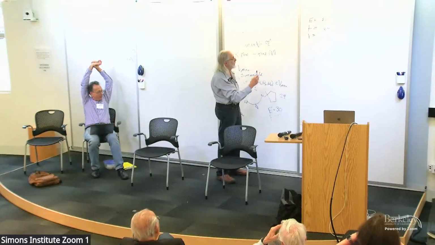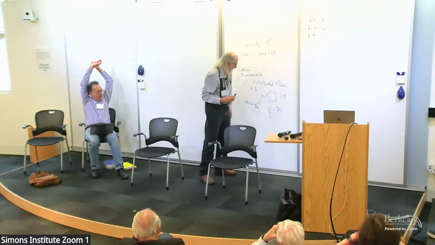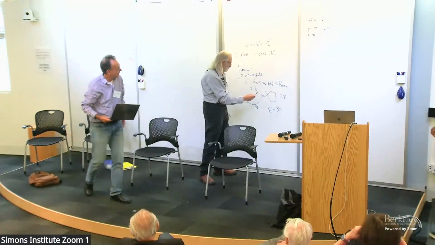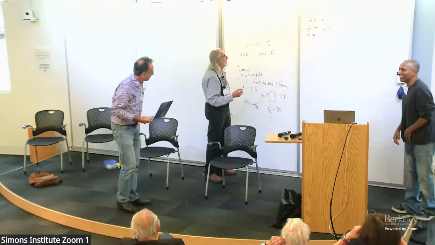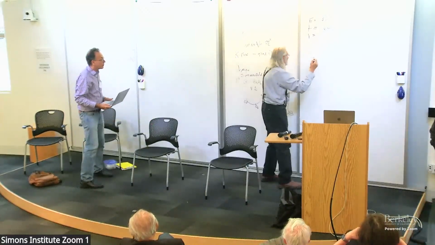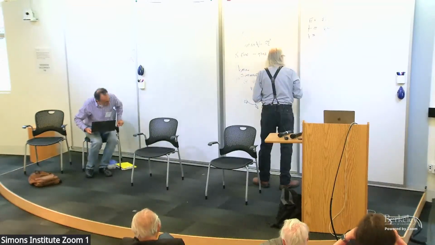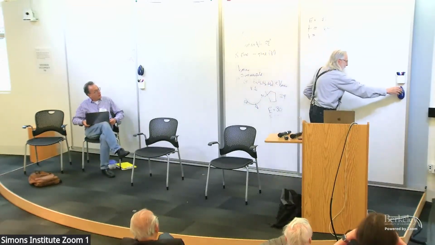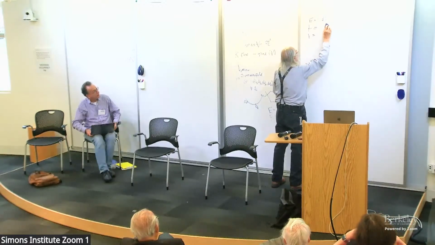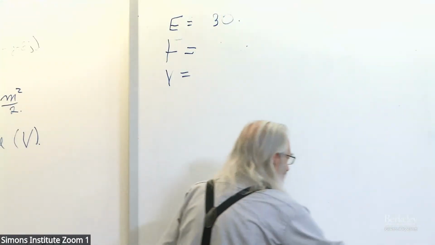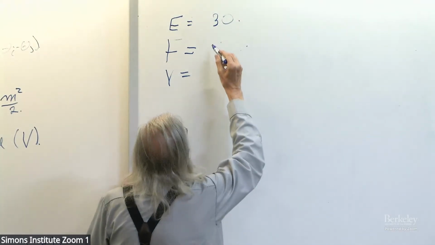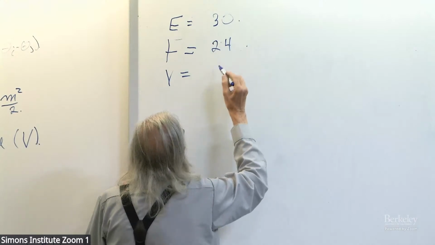So I calculated it wrong, as usual. Let's try it again. 24 of the faces. Yeah, that's right. 24, and the other is 60.